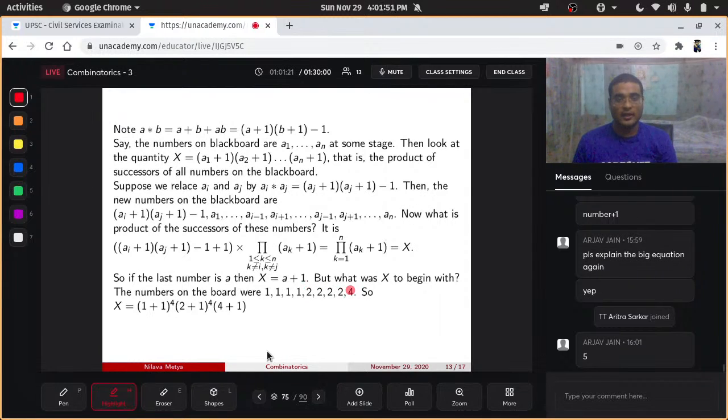If you calculate, it comes out to be 6480. But this should be equal to A plus 1 because it never changes. So A is equal to 6479. So your correct answer was D.